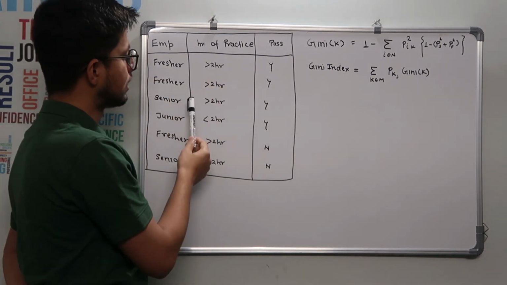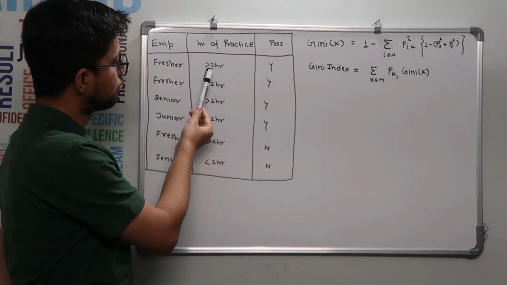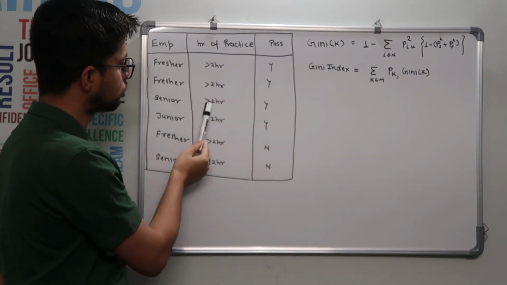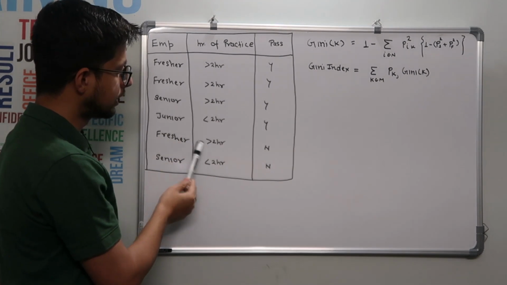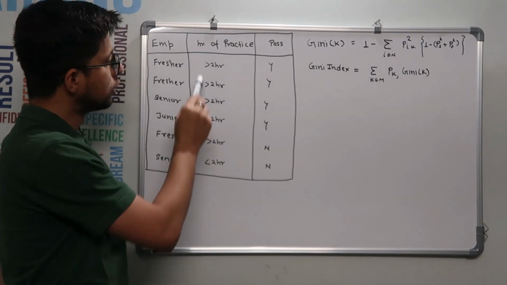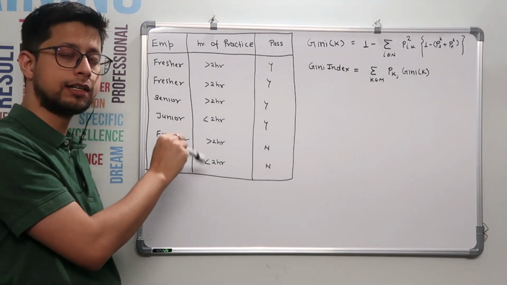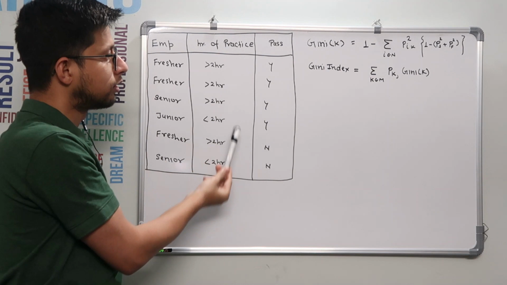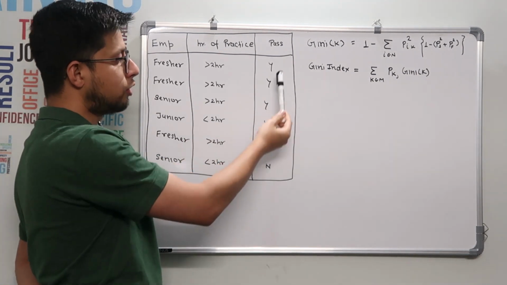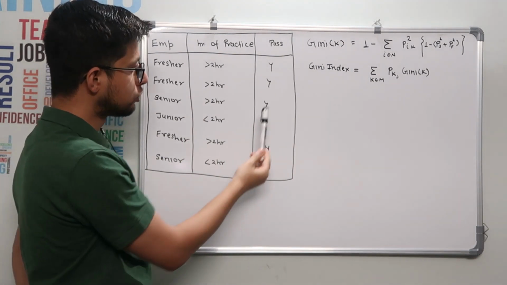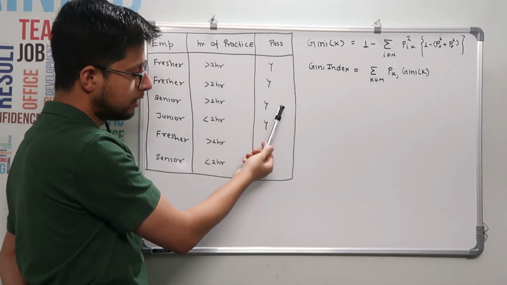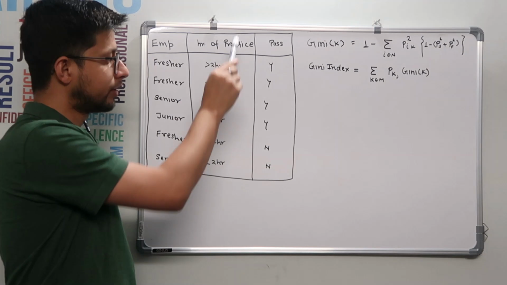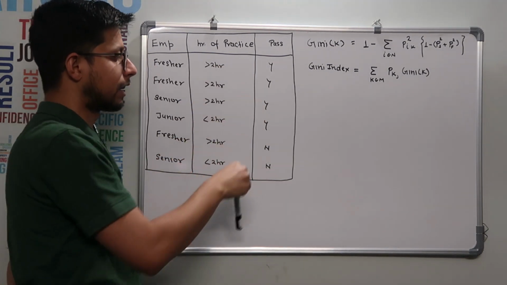Then hours of practice: if a particular employee practices more than 2 hours, or less than 2 hours. So there are 2 categories here. Based on that, whether he passes or fails the exam. Y means he passed the exam, and N means no, he failed the exam. That is what we want to predict, so that is our target variable.